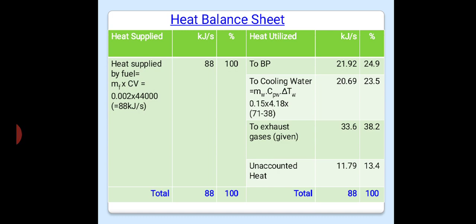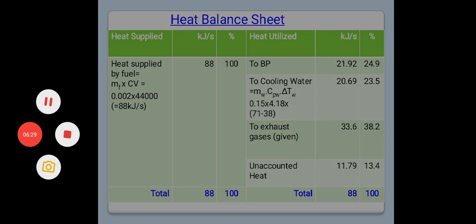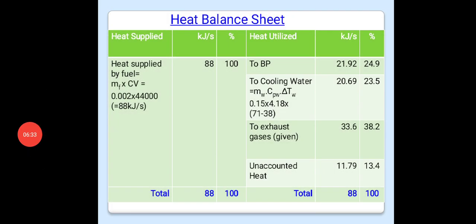Next, they have asked to draw the heat balance sheet. While drawing the heat balance sheet, first we have to calculate heat supplied by the fuel. So we have the formula MF into CV. Mass of fuel consumed they have given, 0.002. CV, calorific value, they have mentioned.